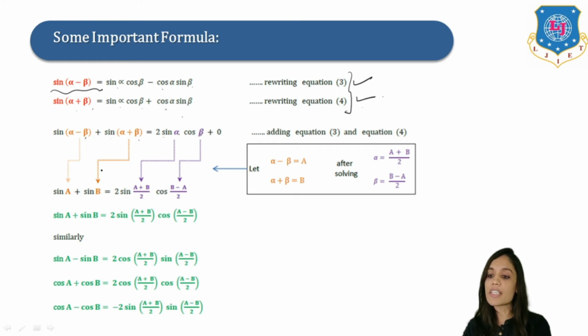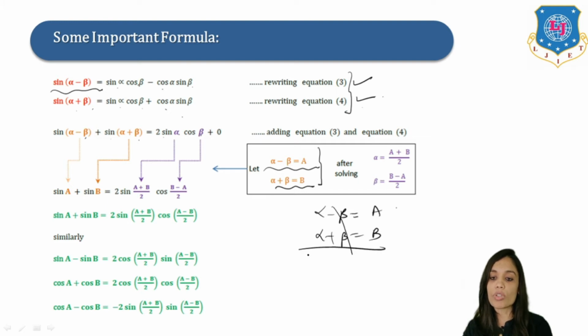Now we can write this in another way by substituting alpha minus beta as A and alpha plus beta as B. Now if you solve these two and find the values of alpha and beta, using the elimination method, these two get cancelled out.